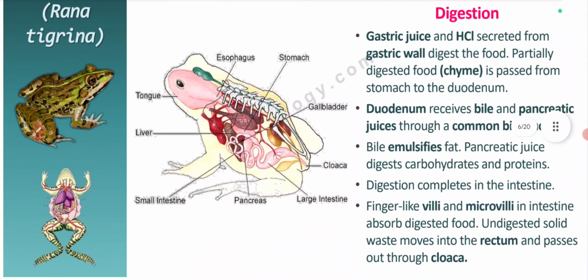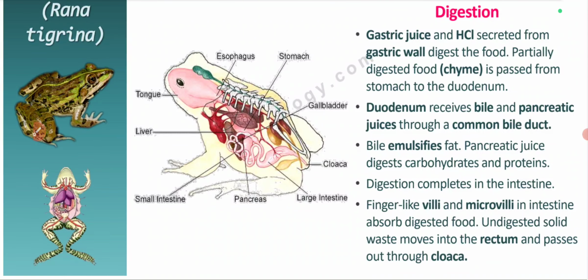Digestion. Gastric juice and HCl secreted from the gastric wall digest the food. Partially digested food, that is called chyme, is passed from the stomach to the duodenum. Duodenum is the beginning part of the intestine, after the stomach. Duodenum receives bile and pancreatic juice through the common bile duct.